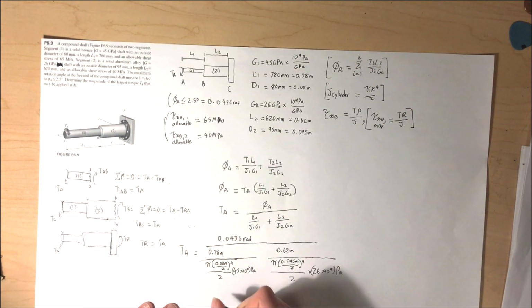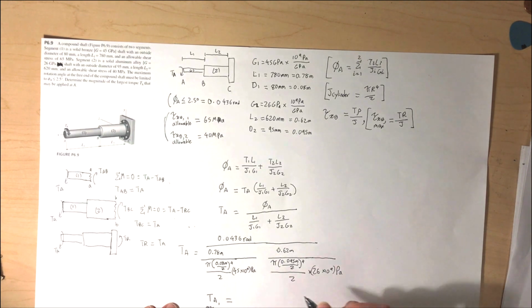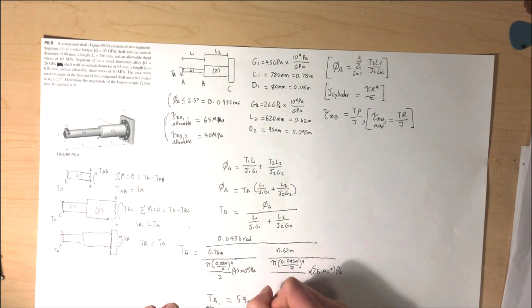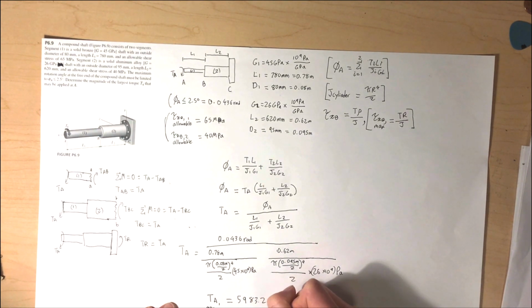If we calculate this out, it should come to TA max is 5,983.25 Newton meters.